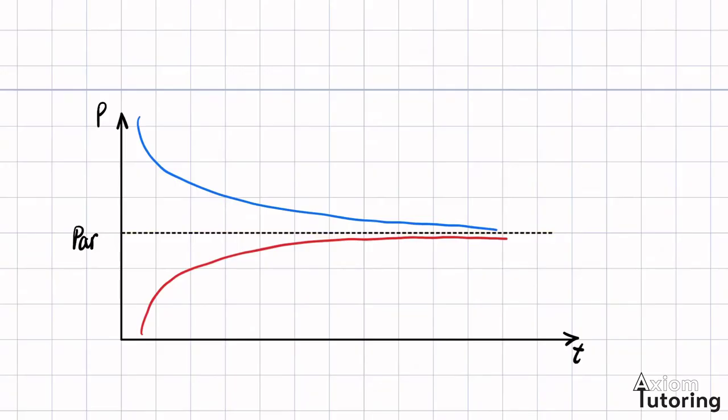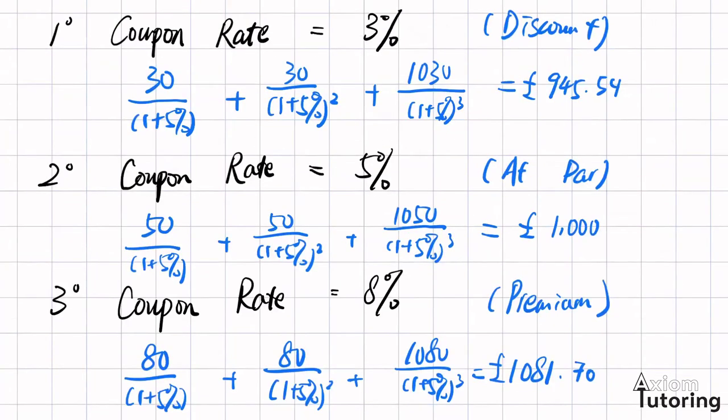This provides you a shortcut when you're trying to do calculations. If you're given any exam questions or problem sets that have exactly the same coupon rate as the yield to maturity, then you know it's going to be priced at par, so you can skip the calculations and jump to the conclusion.